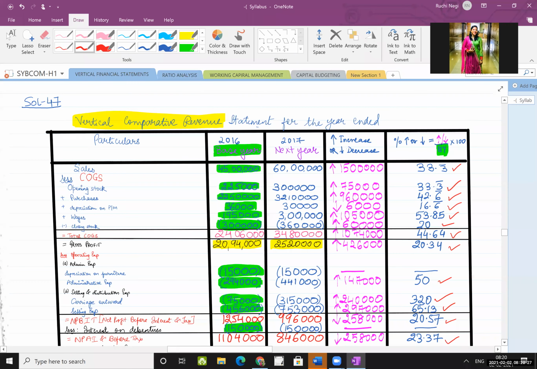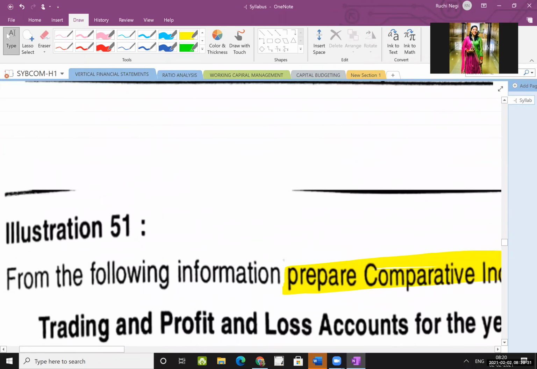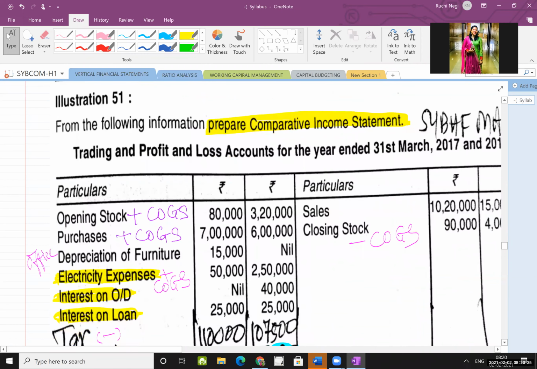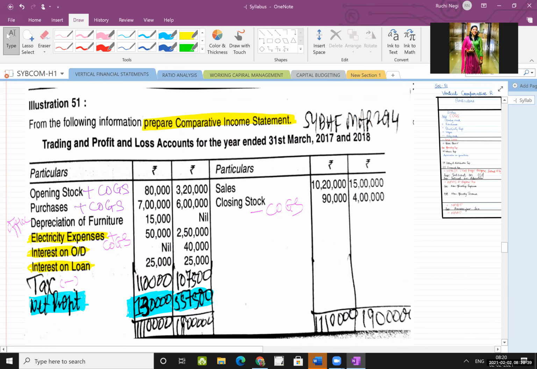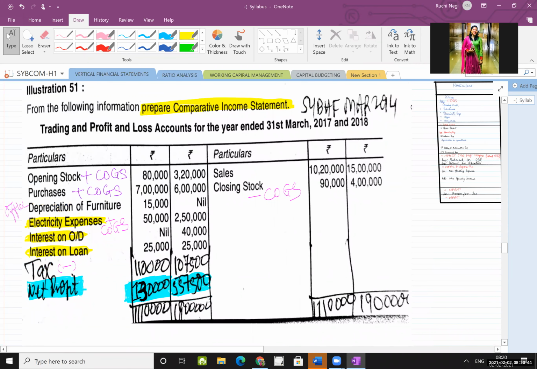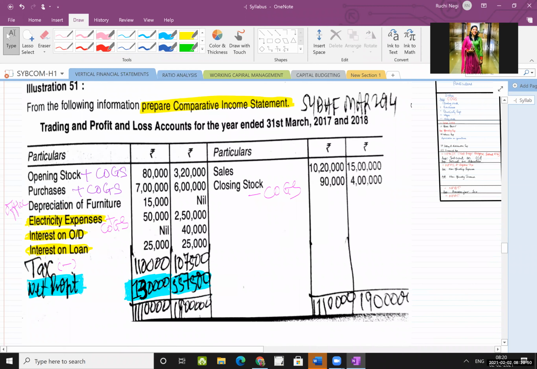Okay, so now let us move on. We'll have a quick brush up of this sum. Then question number 51. I have changed the question slightly, I have added two things.